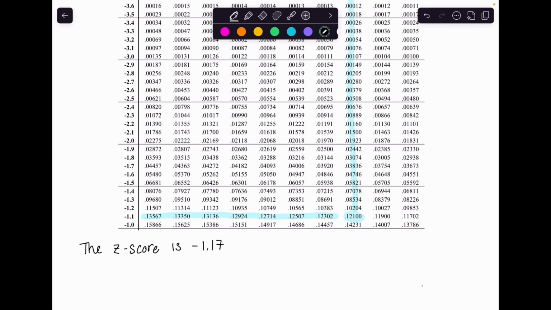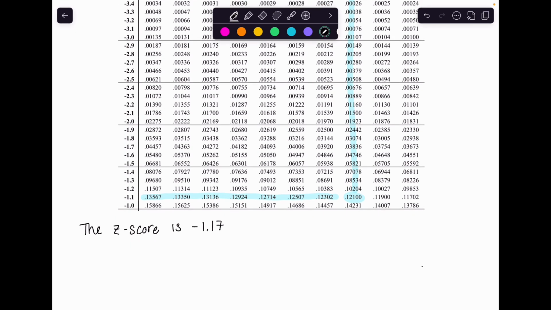So the probability of a Z-score less than negative 1.17 is this 0.121, and the probability of a Z-score higher than negative 1.17 is the area that they gave us, okay?